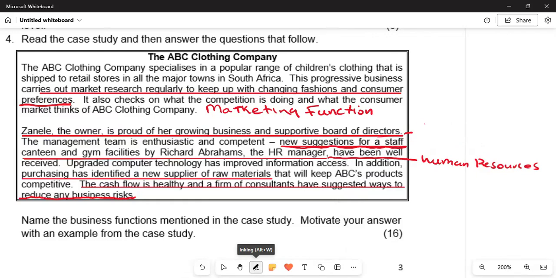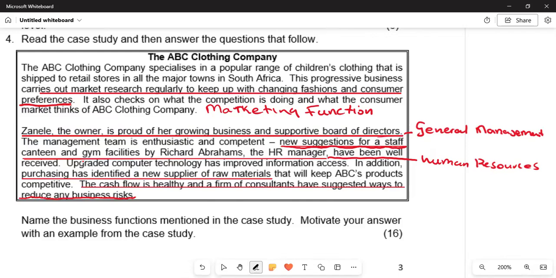It's general management. Because the board of directors, remember, they plan and think for the entire business organization. So now let's move on.